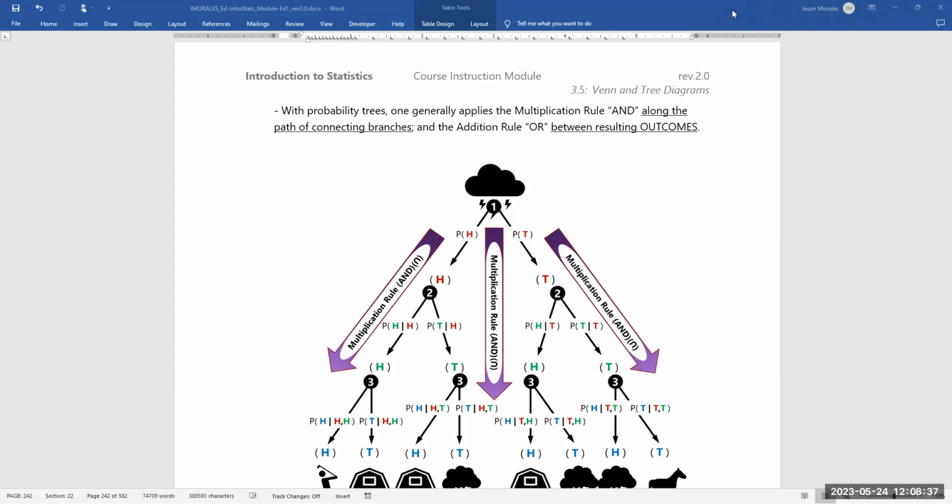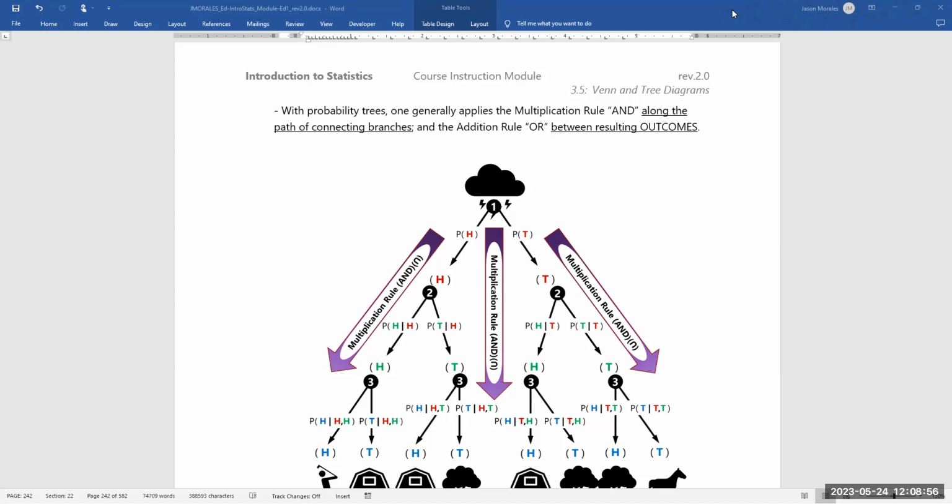Probability tree diagrams are not only good for mapping out the structure of multiple experiments in probability, but they're also useful to learn about probability rules.